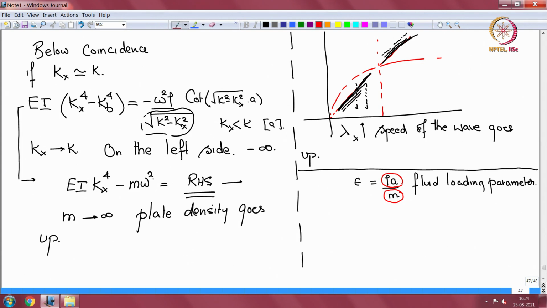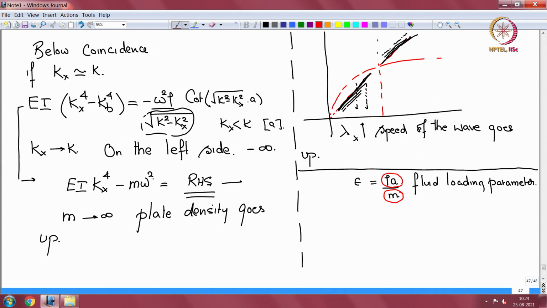Okay, and if the medium is like air, a light medium, and the waveguide is made of, let's say, steel or aluminum, then epsilon will be a small quantity, in which case the structure is loaded lightly and also the fluid sees more or less a rigid structure.